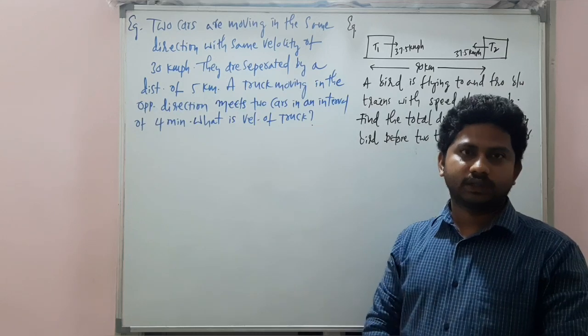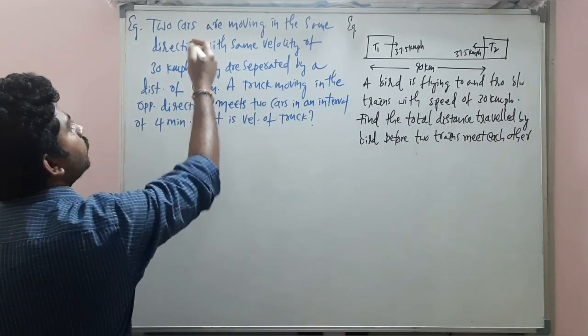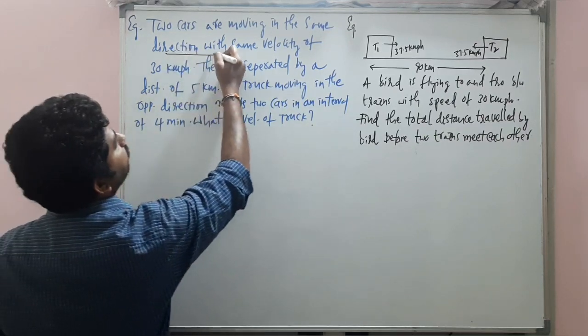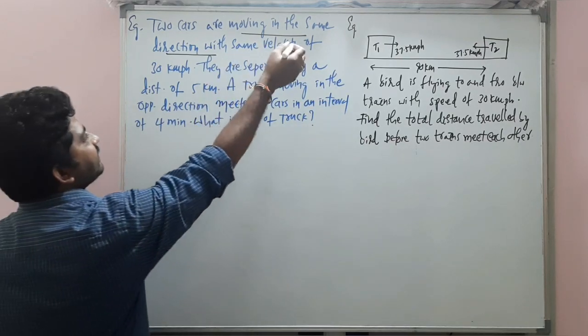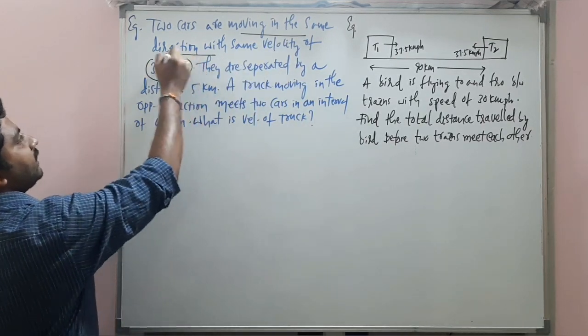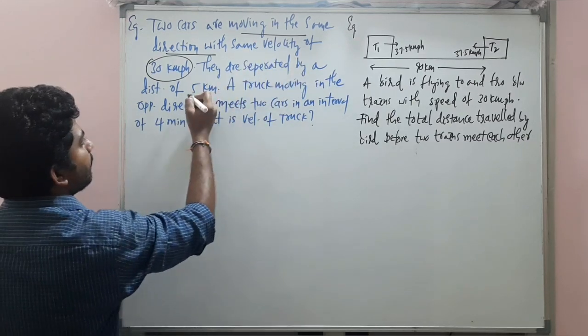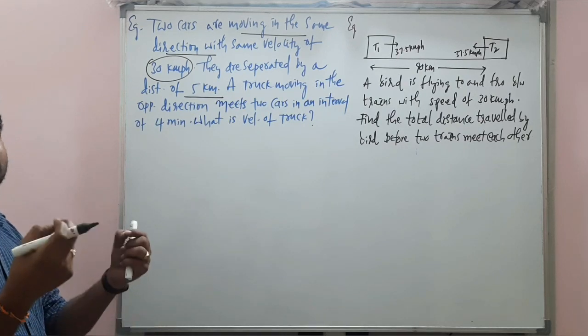Let's have a look at some more numericals. Two cars are moving in the same direction with the same velocity of 30 kilometers per hour. They are separated by a distance of 5 kilometers. Let me draw you the basic diagram.